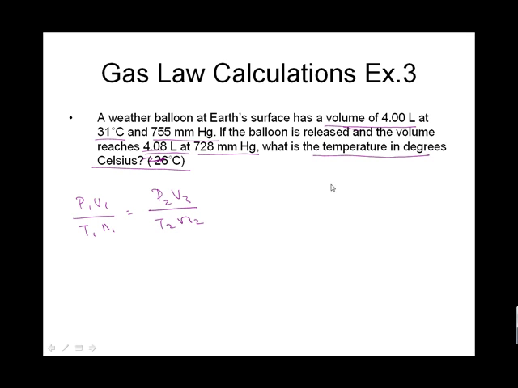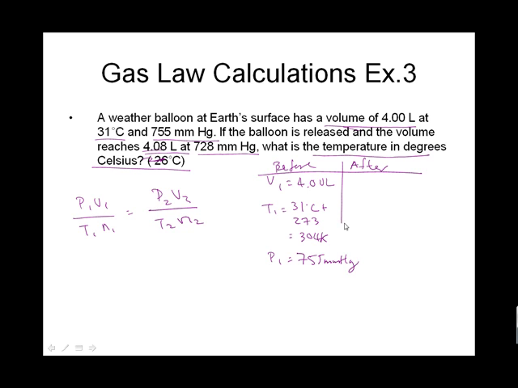And over here, I have volume. V1 equals 4.00 liter. Again, this is before. This is after. My temperature is at 31 degrees Celsius, and I'm going to add 273 to that, and that gets to 304 Kelvin. And my pressure is at 755 millimeters of Hg.